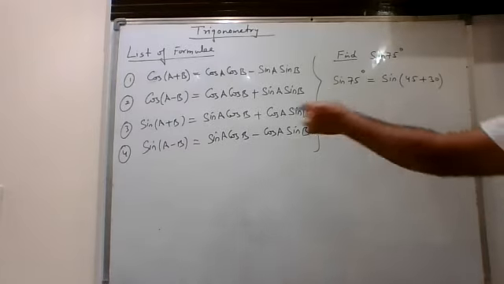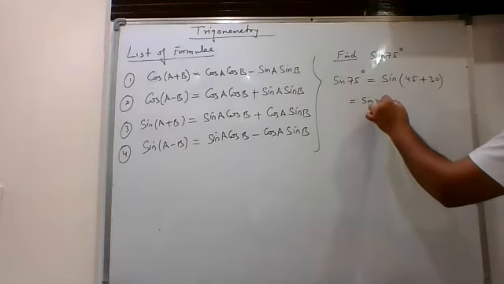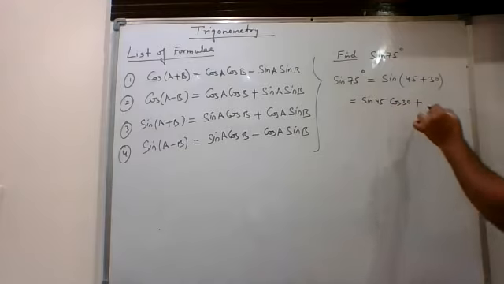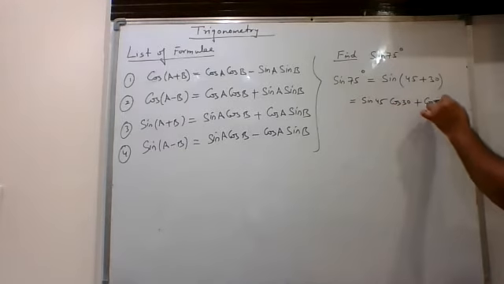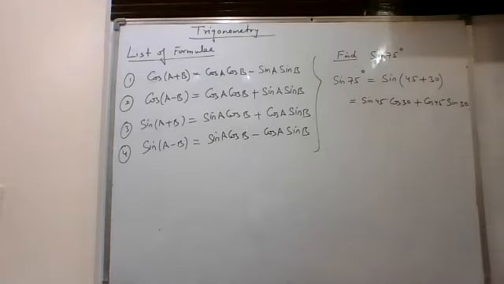After this, let us apply the formula sin(A+B), which is sin A cos B plus cos A sin B. After that, from the class 10th table, you will substitute the values.